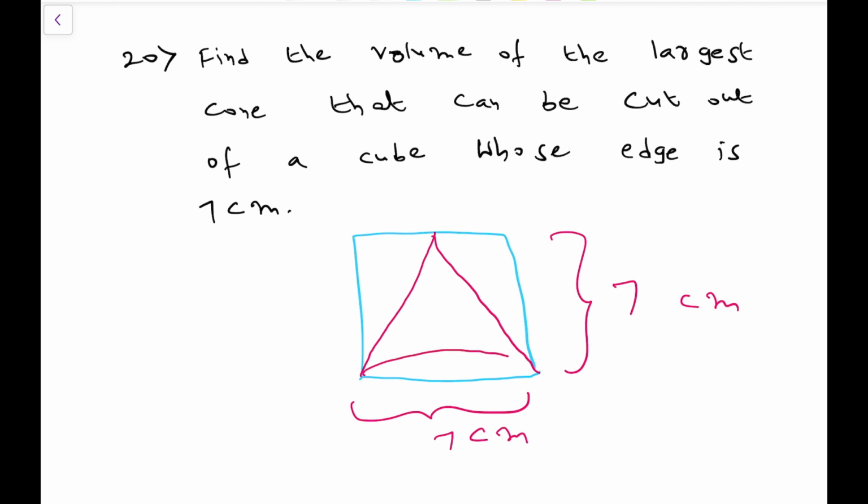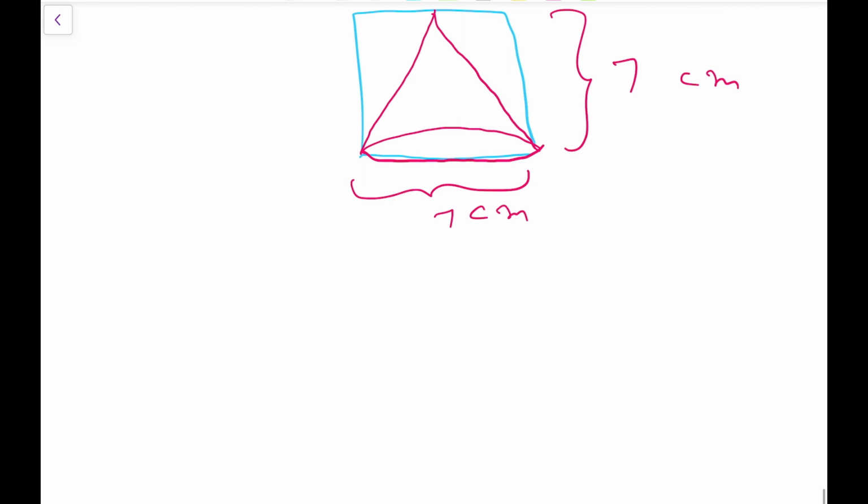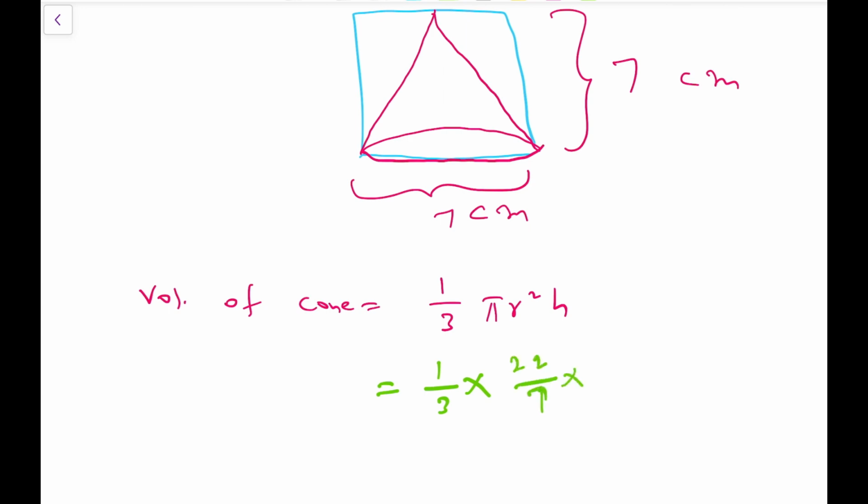So what will be the volume of this cone? What is the formula for volume of a cone? Volume of a cone is equal to 1/3 pi r square h, that is equal to 1/3 times pi value 22/7 times, and what about the radius and height of the cone?